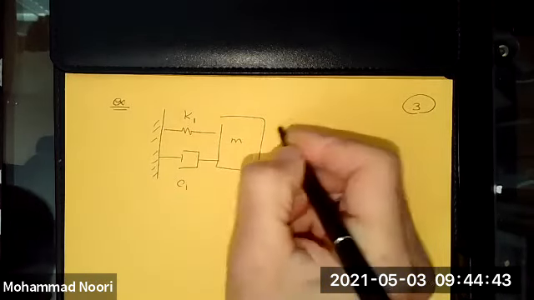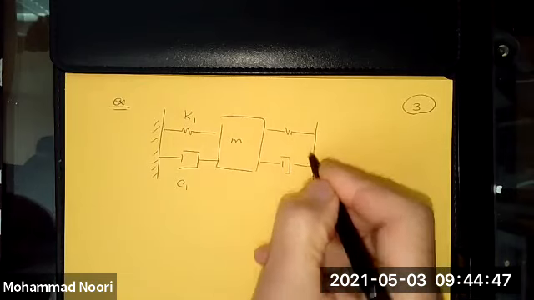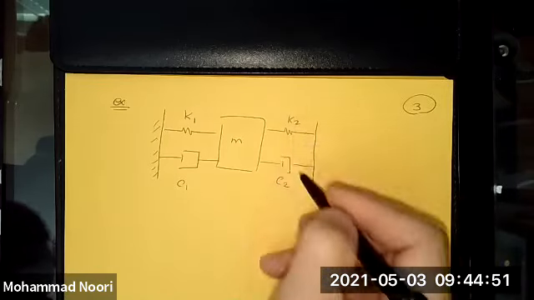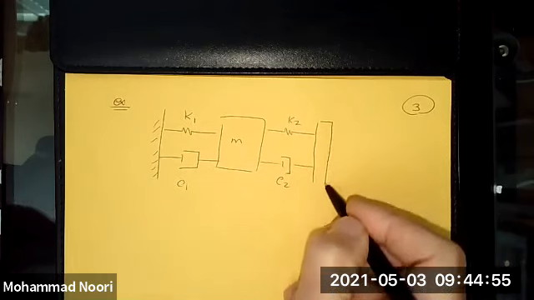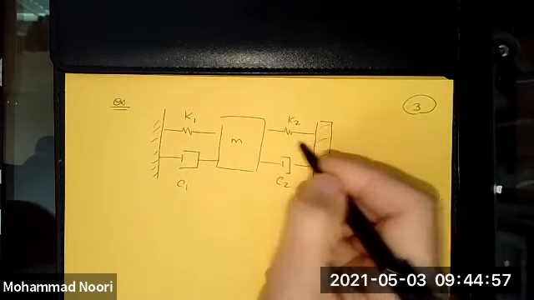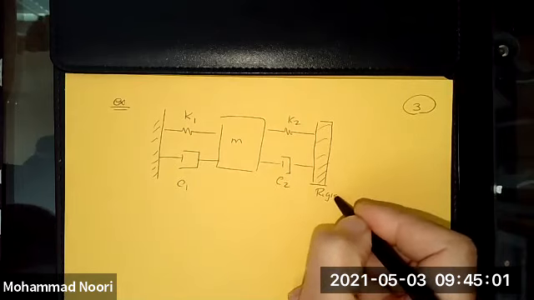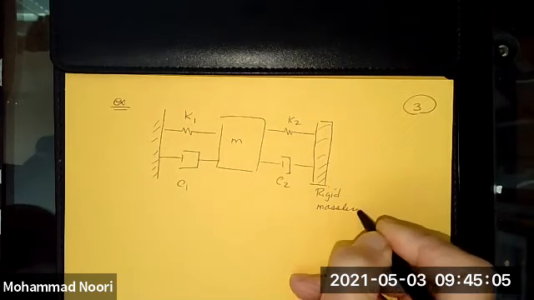You have a mass supported by these two stiffnesses and dampers, and this end is connected to a rigid, massless plate.